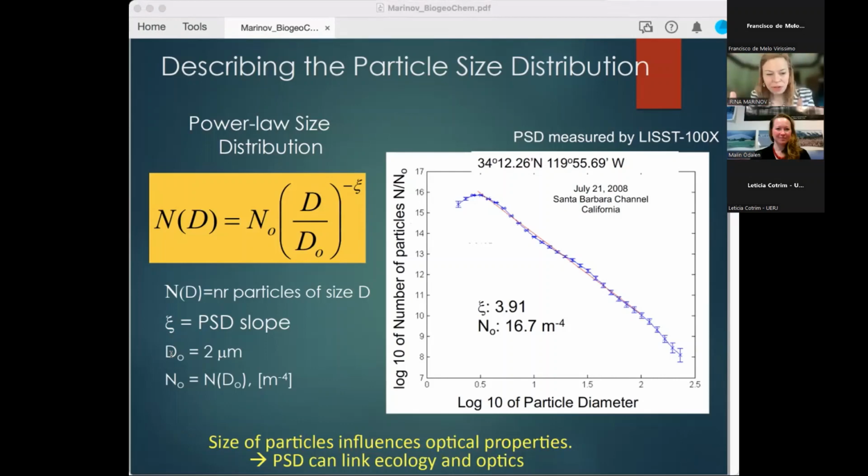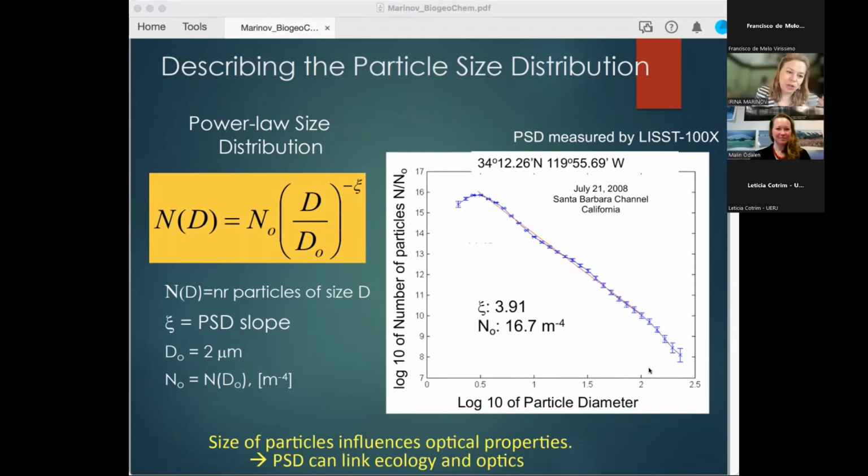So there's a similar relationship between the amount of light backscattered and absorbed and the size of the particles and the particle diameters, and that is what satellite products actually get. So a relationship between backscattering and particle size.